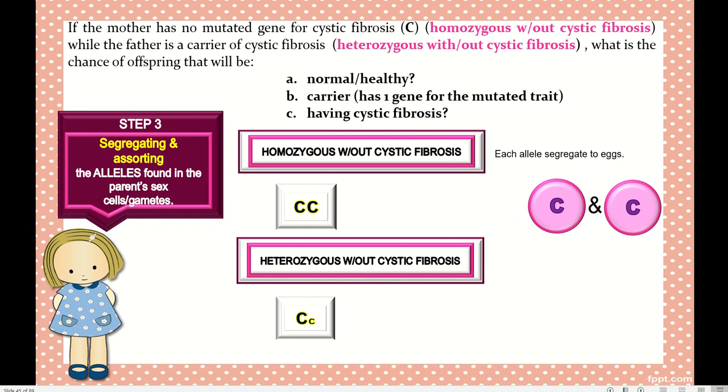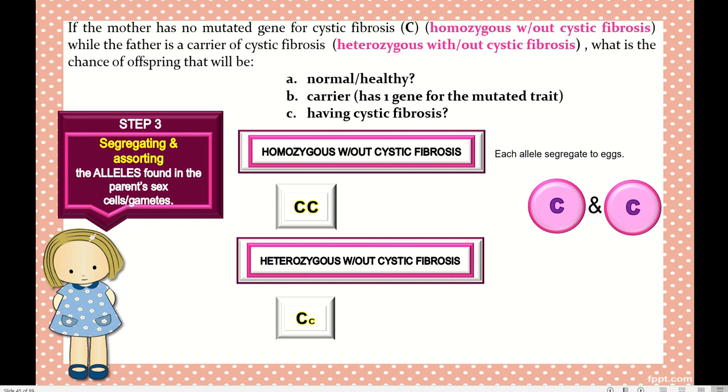So each allele segregates to each of the eggs. To show that they have segregated, you can use "and" or a comma.